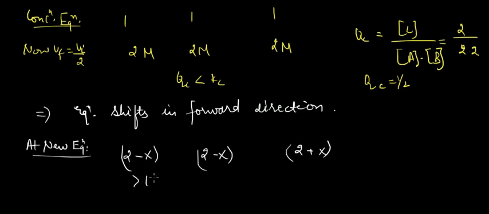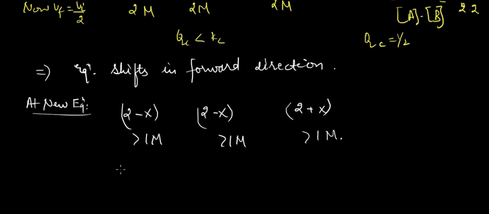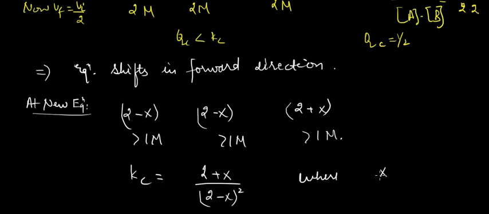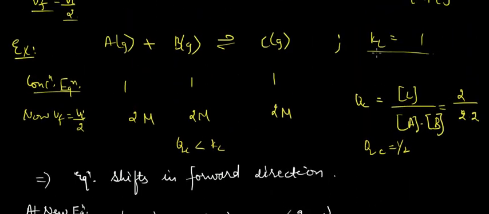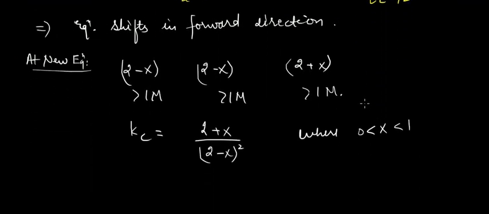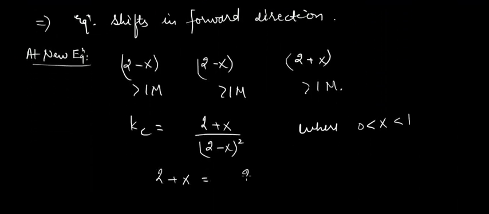So this is obviously greater than 1 M. Okay, and we know that Kc would be equal to 2 plus x divided by (2 minus x) to the power 2, that is (2 minus x) squared, where obviously x is between 0 and 1. So the Kc value we know from the initial equilibrium is 1, so you just have to equate 2 plus x to (2 minus x) squared. So this forms a quadratic equation, so you can solve it using the quadratic formula.